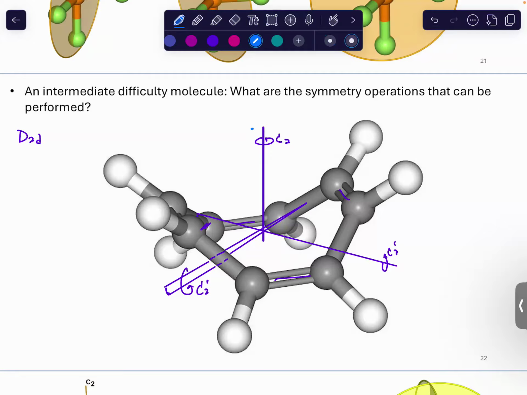I'll try to draw this, but then we'll go over it. I can go this way. First one's a little long, but whatever.